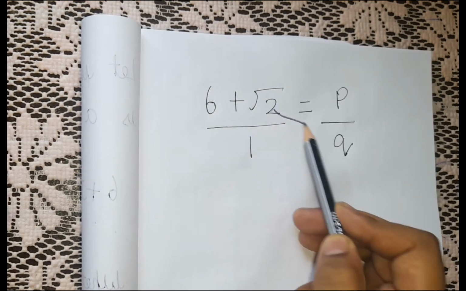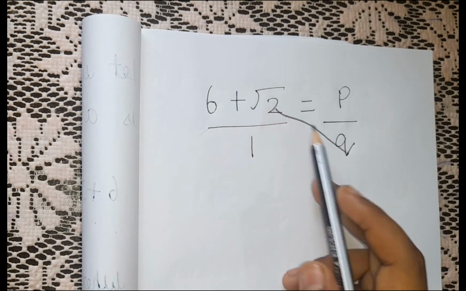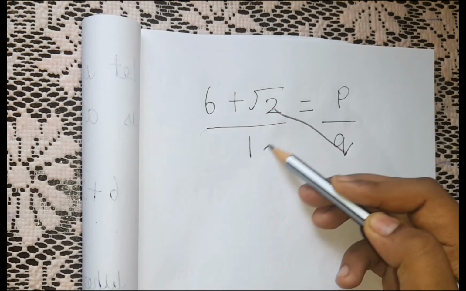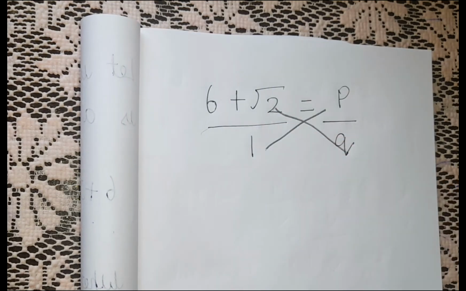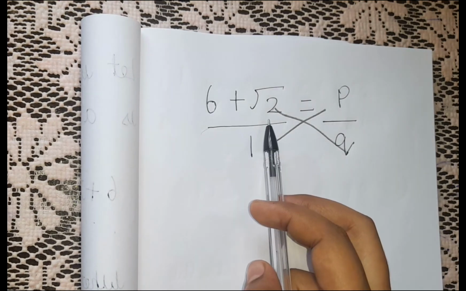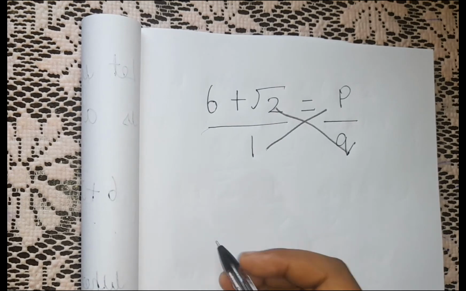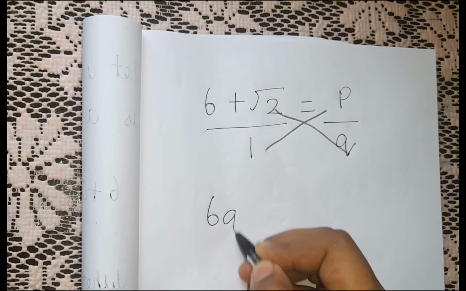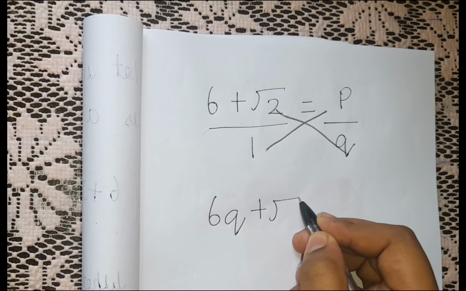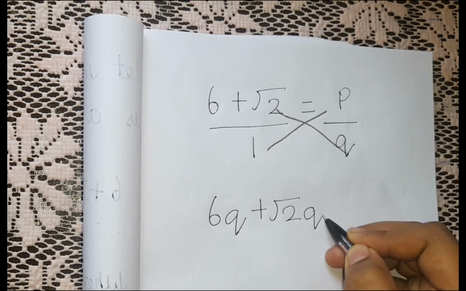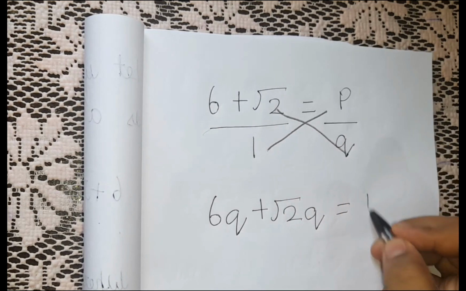We shall cross multiply 6 plus root 2 into q and 1 into p. So 6 plus root 2 into q is 6q plus root 2q, and 1 into p is p.